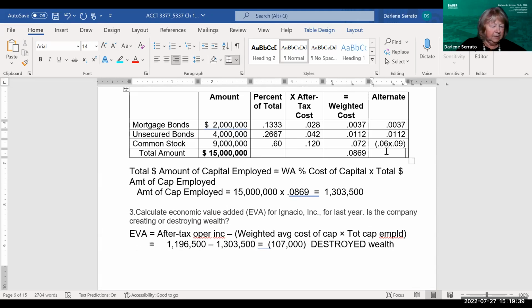And that gives us 0.072. Right here, this one changes, sorry.